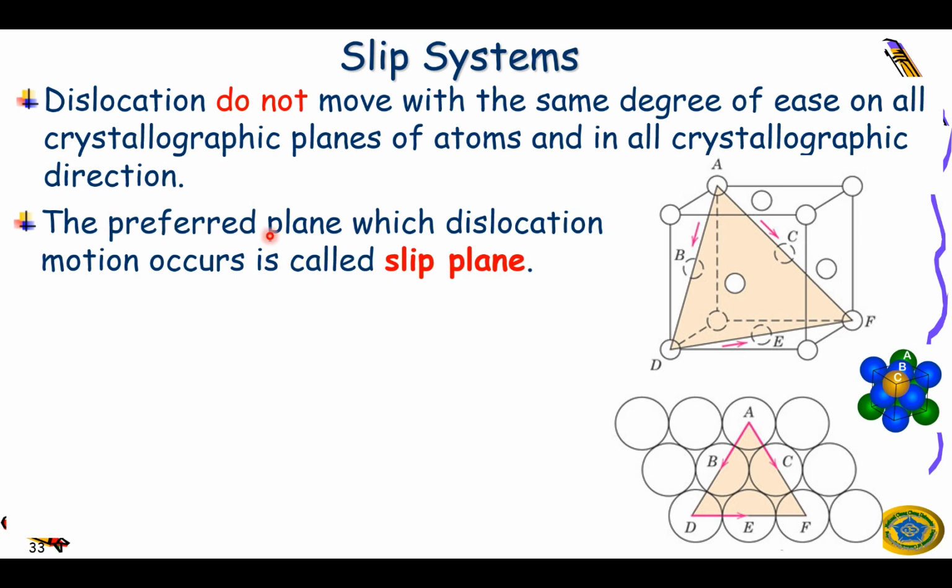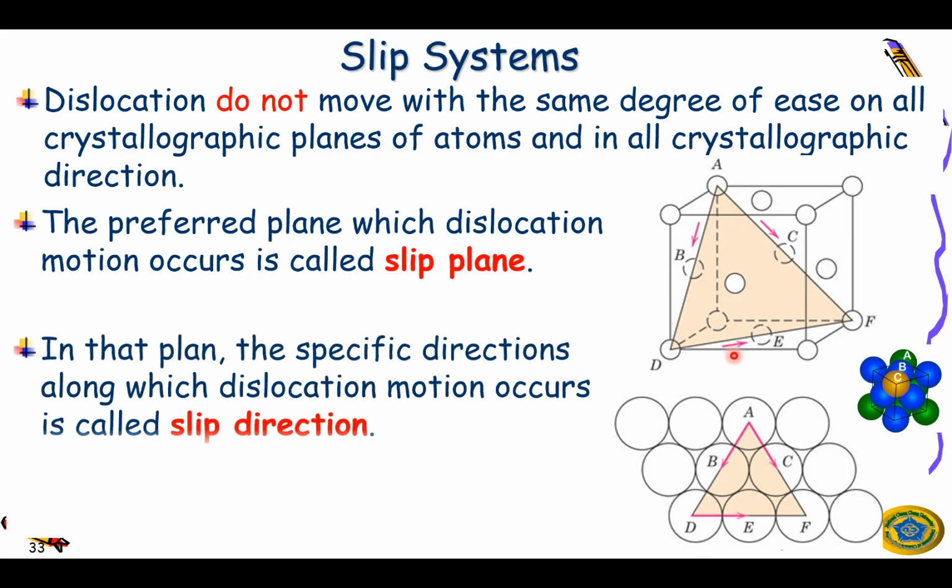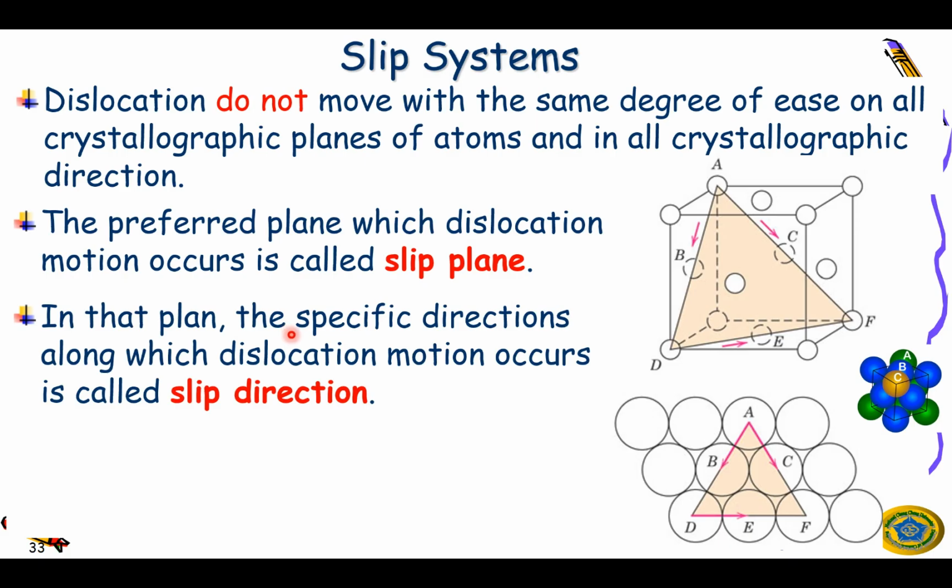So the preferred plane on which dislocation motion occurs is called the slip plane. This is the plane for FCC. In that plane, the specific directions along which dislocation motion occurs are called slip directions. So this is a slip direction. If you look two-dimensionally, this is close packed, right?